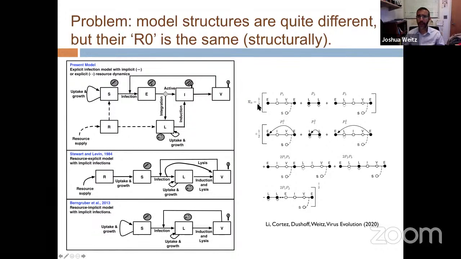We have found the same structure for R0 here, for all of these models. I've shown a diagrammatic view, which I know looks crazy, but we actually can use this to calculate. The basic reproduction number in all of these models can be written in this diagrammatic form, where we have essentially loops: a lytic loop, a lysogenic loop, and what we call a lysolytic loop.